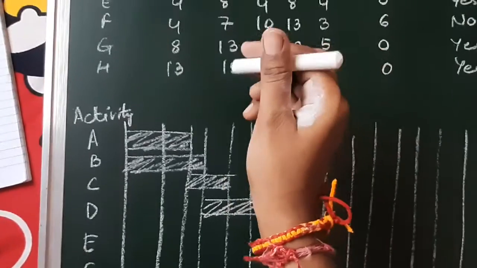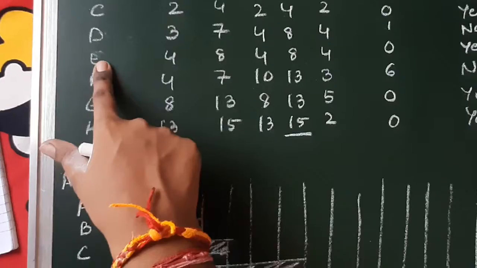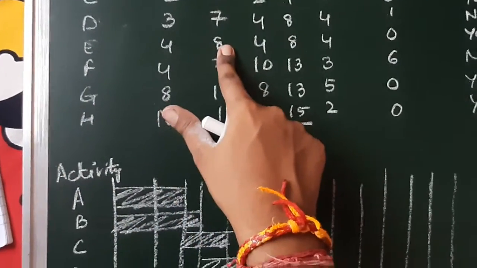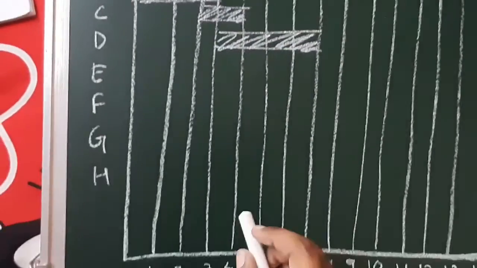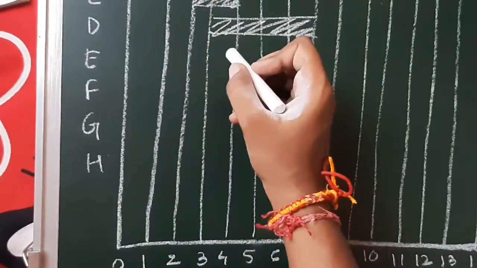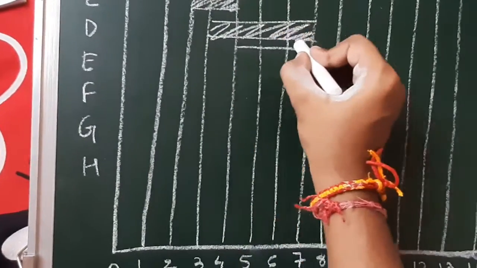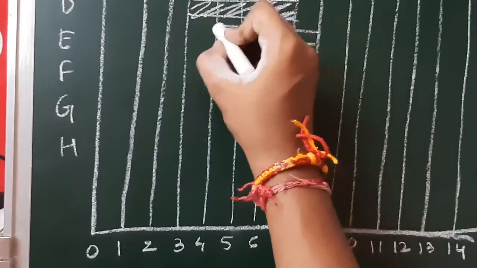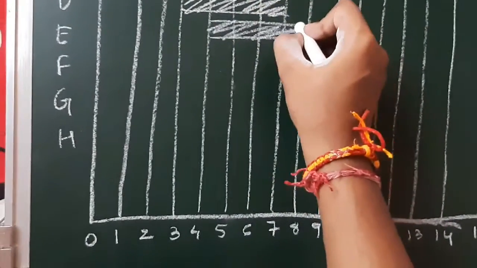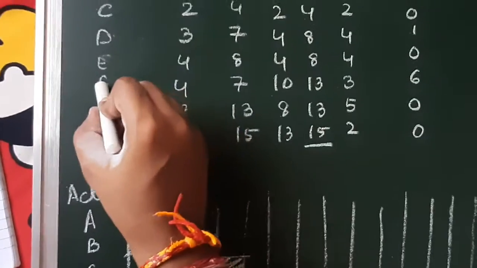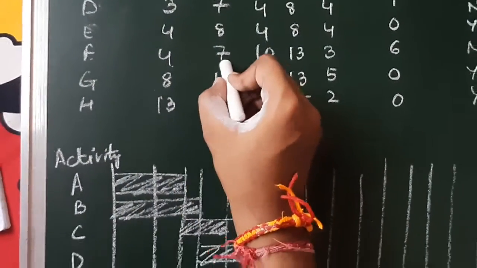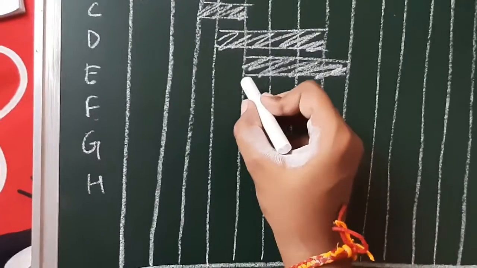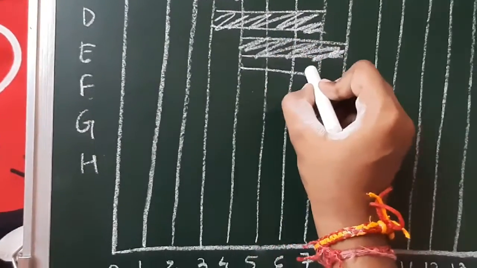Then we will go for E. For E, it is 4 to 8. So our 4 is here and it is our 8. Then for F, it is 4 to 7. So we will draw 4 to 7.